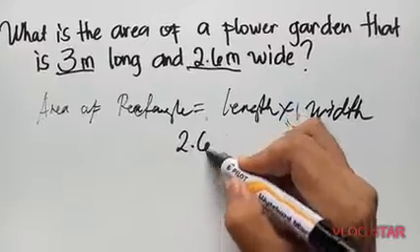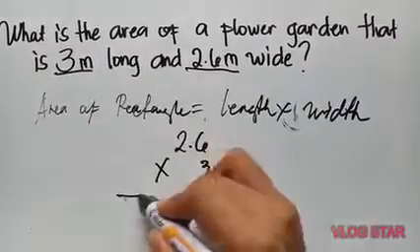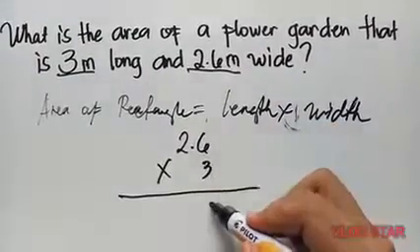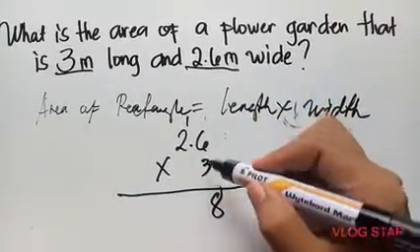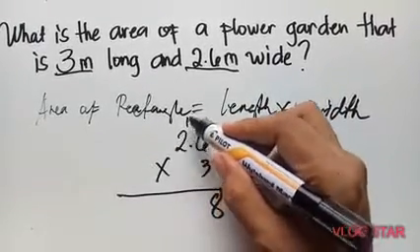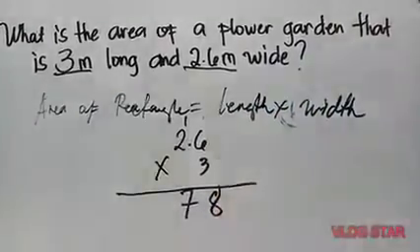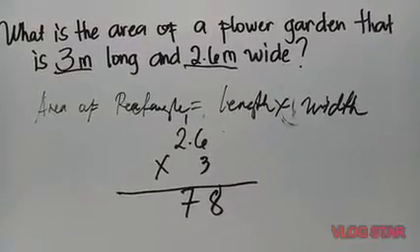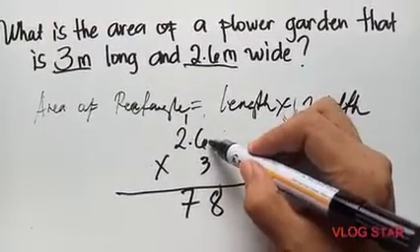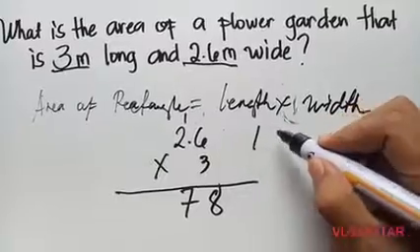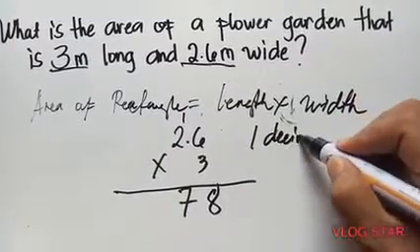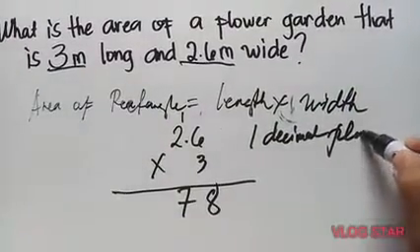So 2.6 times 3. 3 times 6 is 18. Carry 1. 3 times 2 is 6 plus 1, 7. Then count the decimal place. So we only have 1 decimal place.